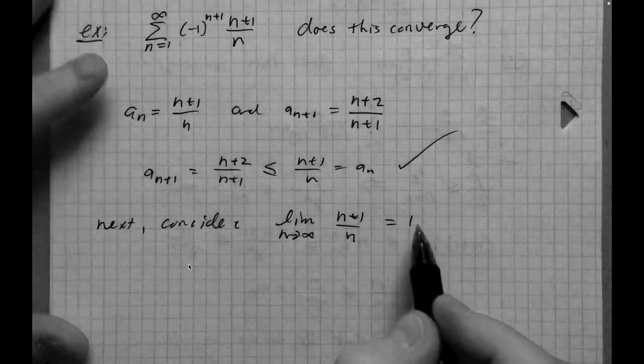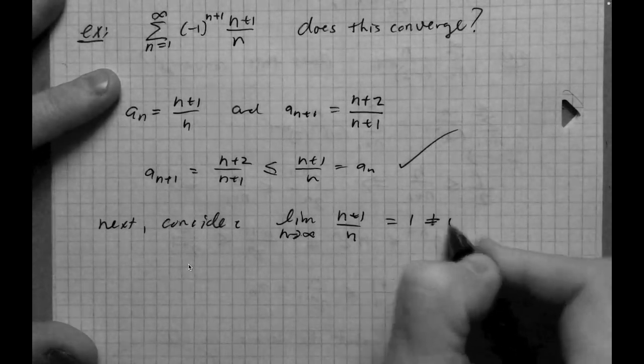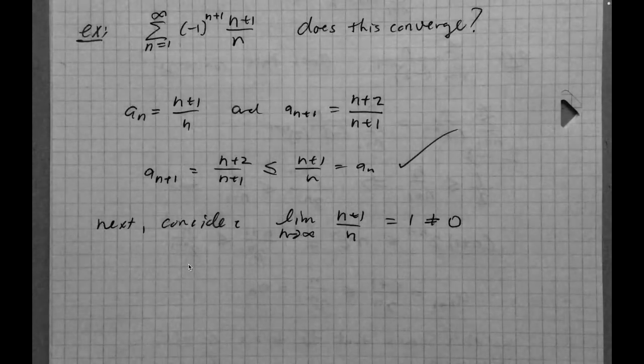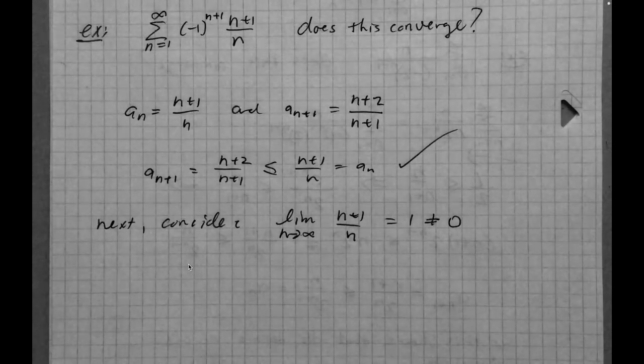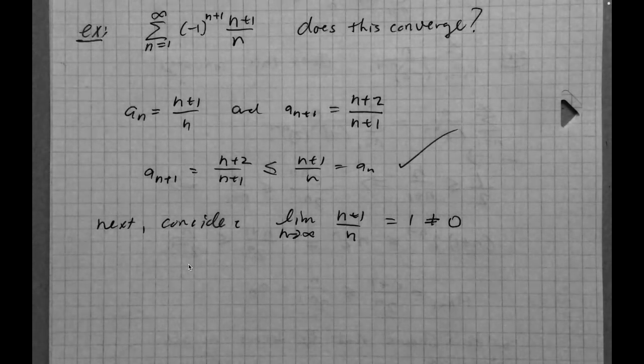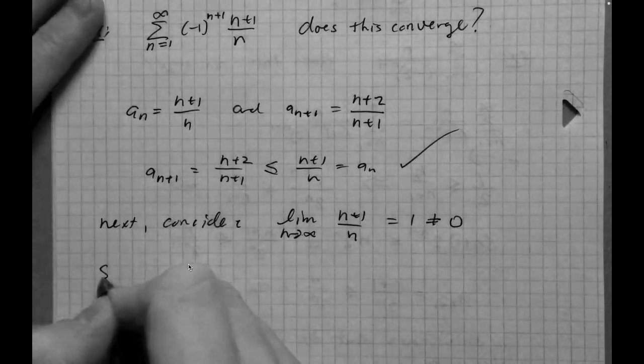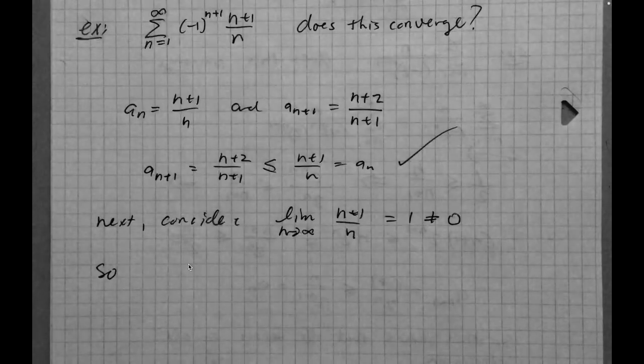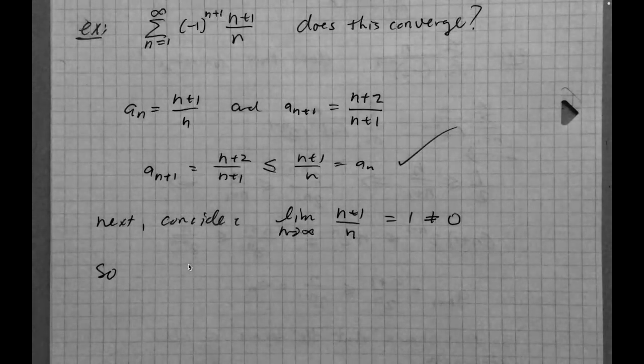So the limit definitely exists and is finite, but it's not equal to 0, right? Recall that the alternating series test demands that the limit of the nth term as n goes to infinity be equal to 0, right? So this series would fail on the first condition of the alternating series test.